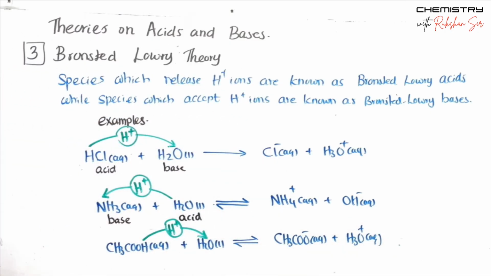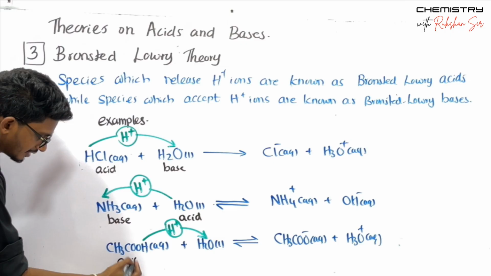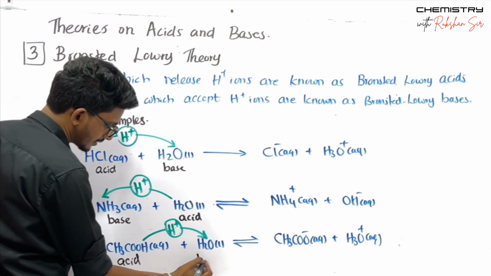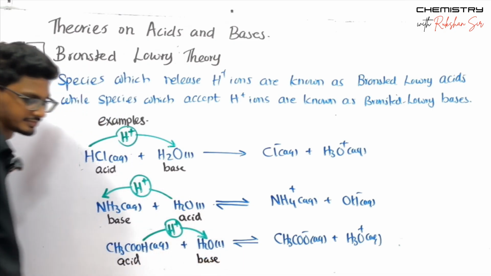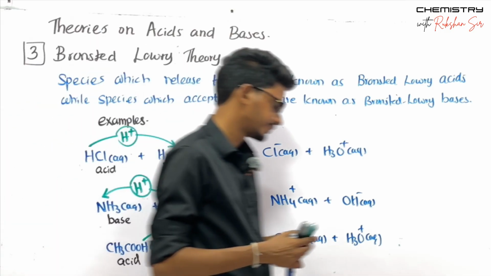So this is your acid here. The H plus releasing substance is the Brønsted-Lowry acid, and the H plus accepting substance is the Brønsted-Lowry base. Clear? Okay.